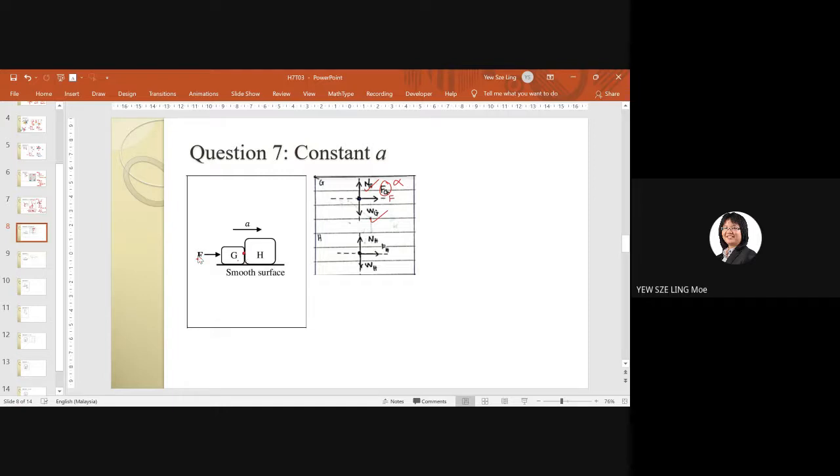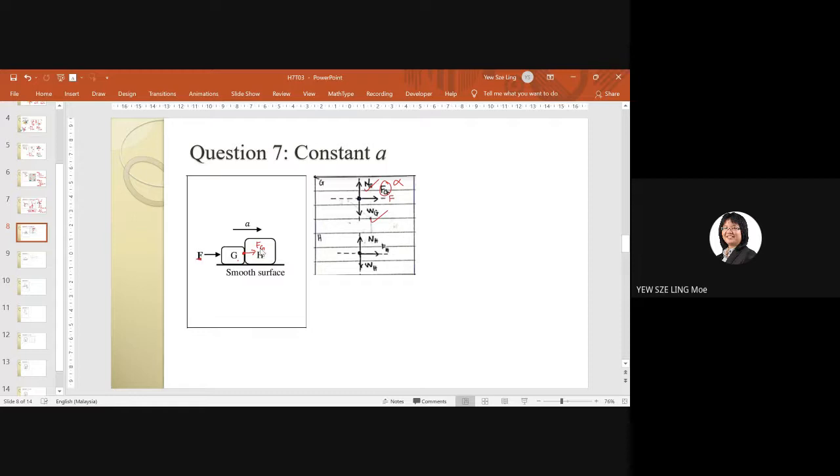It means when you push, object G will push object H. According to Newton's third law, let's say object G is pushing object H with a force Fg. So Fg is actually a force exerted on object H. It is a force generated by object G and acting on object H.